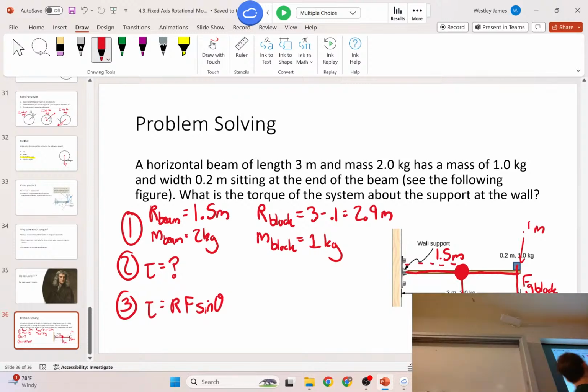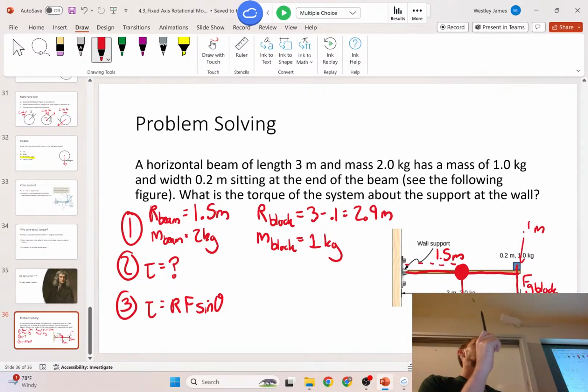Okay. At this point, the math is pretty straightforward. It's R F sine theta. The radius vector is perpendicular to the force, so it's not going to be bad. I will set it up for you all. Both of these are being pushed the same direction. That matters. These are vectors, y'all.